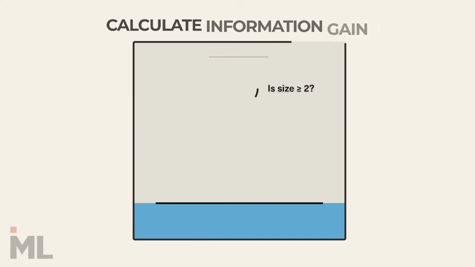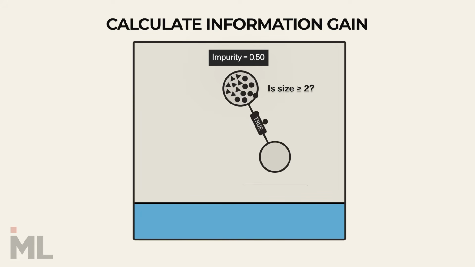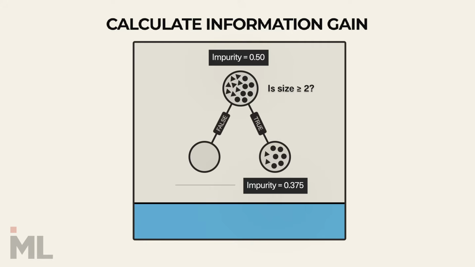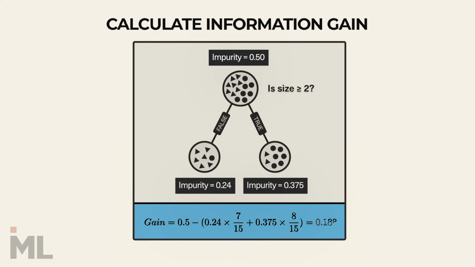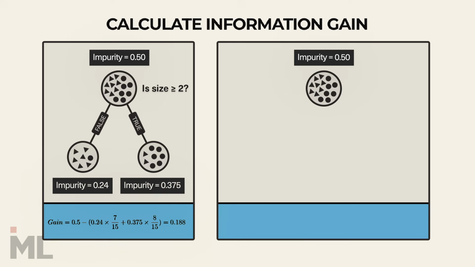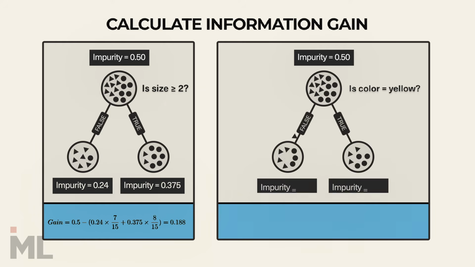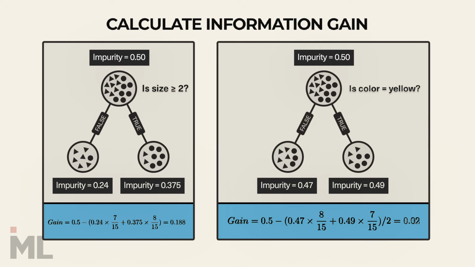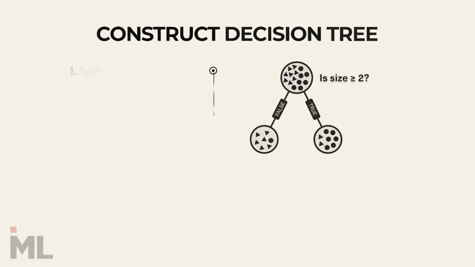For any decision split, a parent group is split into two child groups. The information gain of this split is the impurity of the parent group minus the weighted average impurity of the child groups. Once we calculate the information gain of each splitting decision rule, we now can select the decision rule which has the largest information gain to split the current node.